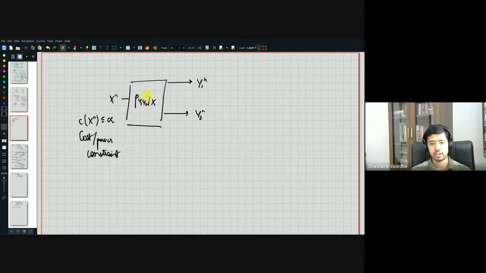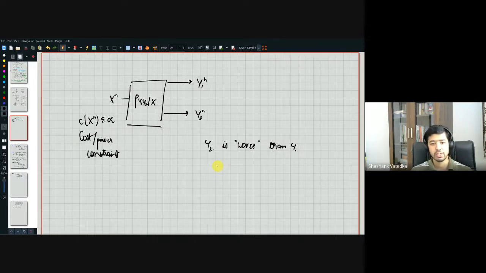What you say is that y2 is a worse copy than y1. There are different ways in which y2 can be worse than y1, and that is why we have different notions of one channel being stronger than the other.